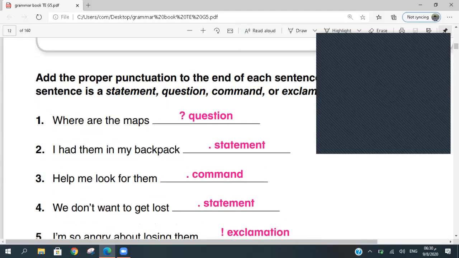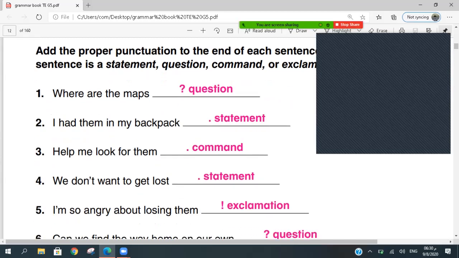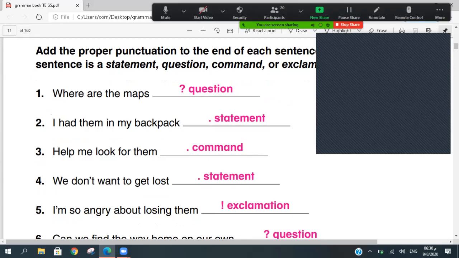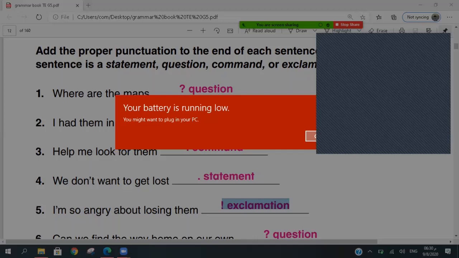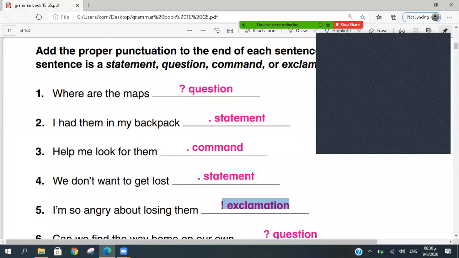And here's the exclamation mark that we need to add. Can you see it? Thank you for trying, Sama, but because here he said, I'm so angry about losing them, he's expressing something, right? We call it exclamation. Thank you, Sama, for trying.